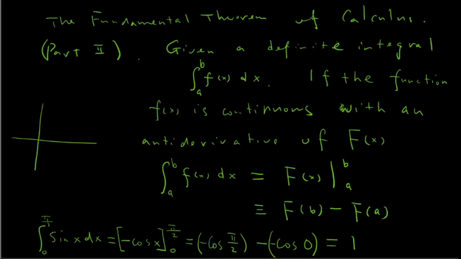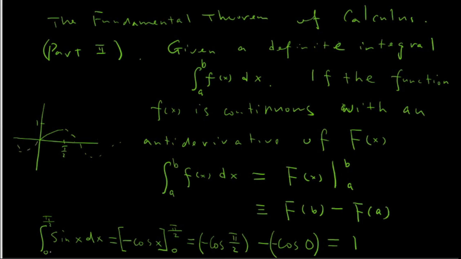But now we are talking about the function when x is in between 0 and half pi, right? This point has x coordinate of half pi, and you have 1 in here, right? I'm going to use the dotted line to denote the whole sine of x. The solid part is the function over the interval from 0 to half pi.